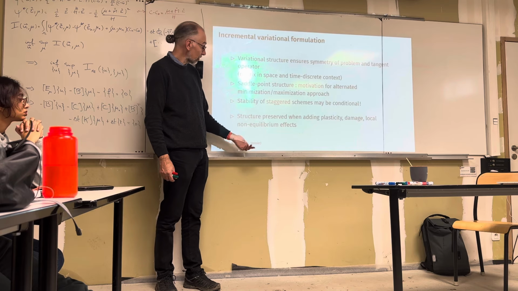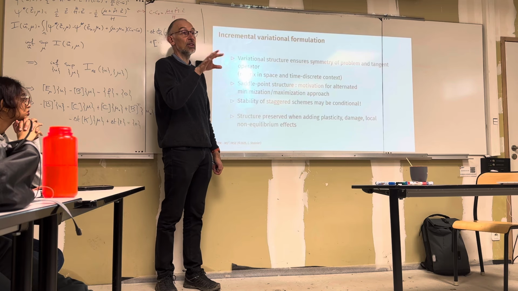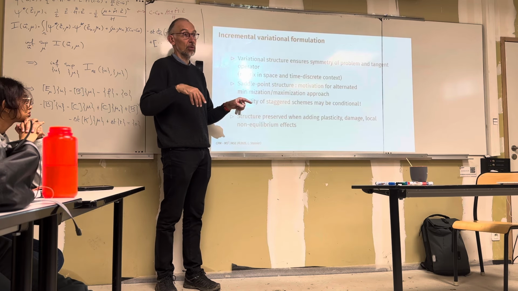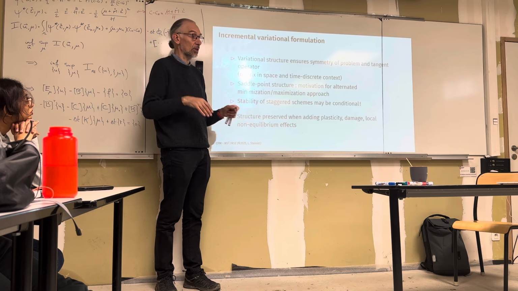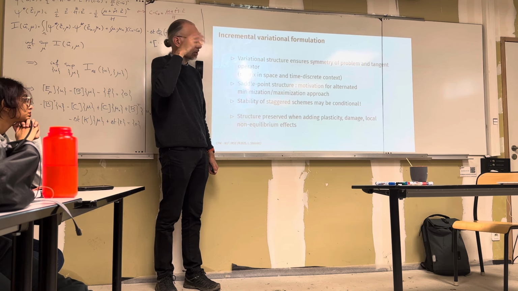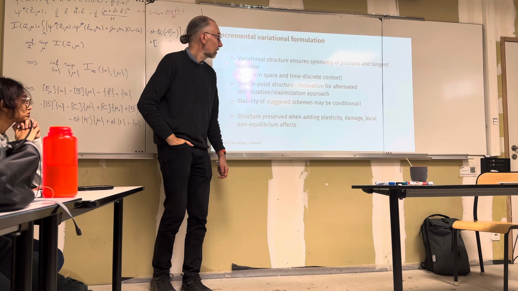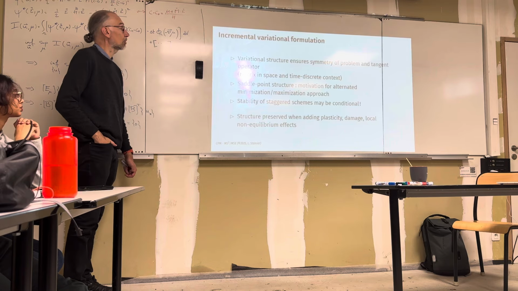But the structure remains the same, in the sense that everything is hidden in this local minimization. The global boundary value problem, the Feynman structure, is the same. It's just that the minimization with respect to C is modified. This is local, at the integration point level, so you don't see it from the Feynman problem.